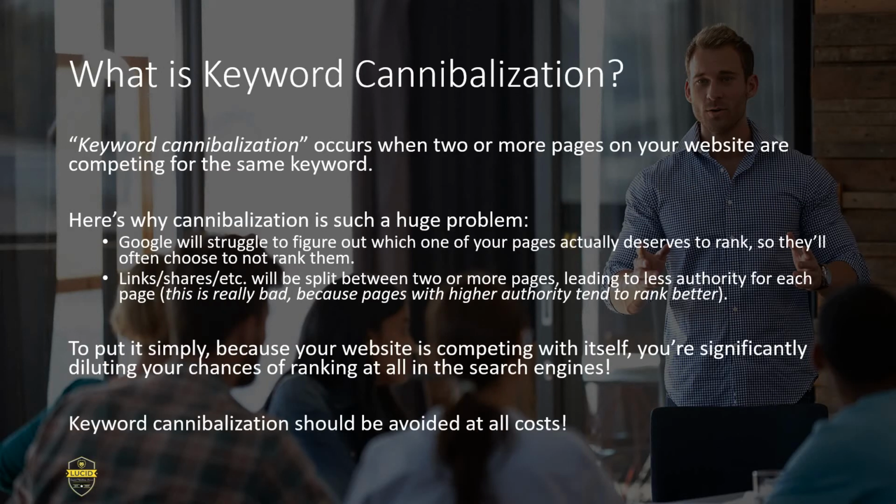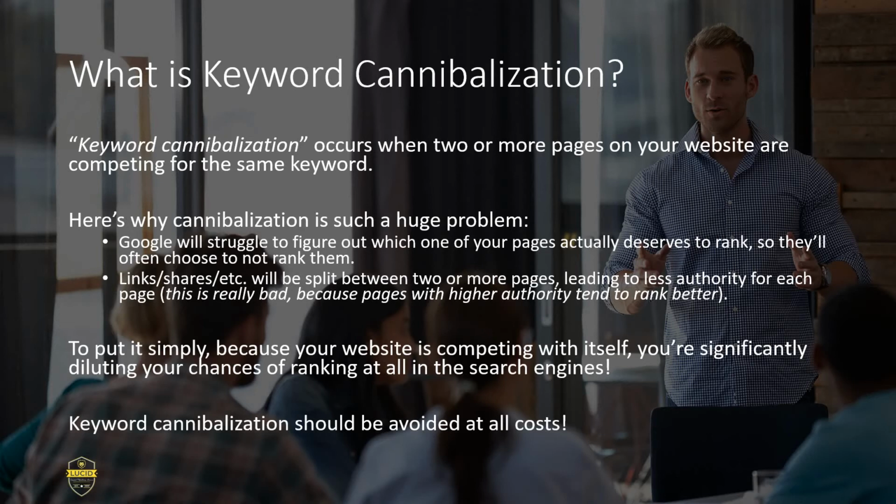So, keyword cannibalization occurs when 2 or more pages on your website are competing for the same keyword. And here's why it's such a huge problem. Google will struggle to figure out which of your pages actually deserves to be ranked for it, so they'll often choose to not rank either page. Links, shares, etc. will be split between 2 or more pages, leading to less authority for each page.